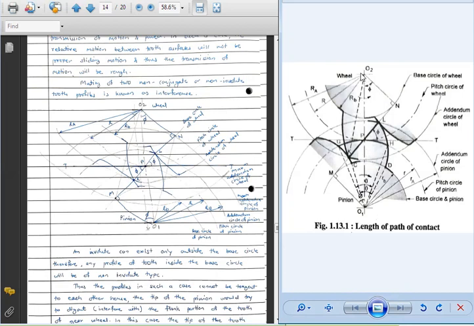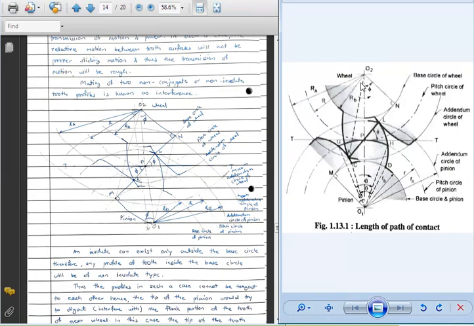This diagram we already discussed, but briefly we will see. These are basically two different gears. This one is the pinion and this one is the wheel. Base circle of the pinion, pitch circle of the pinion, addendum circle of the pinion, base circle of the wheel, pitch circle of the wheel, addendum circle of the wheel, and their respective radii. Now, this is the radius of an addendum circle.